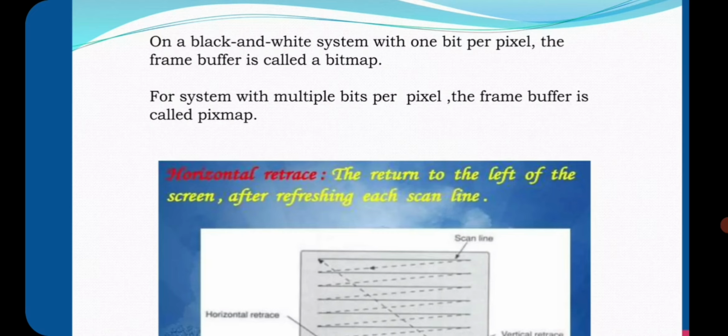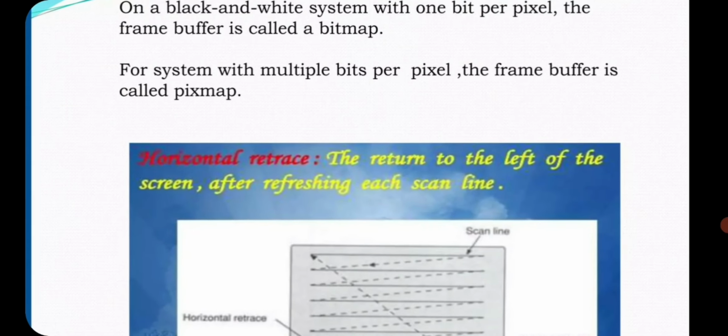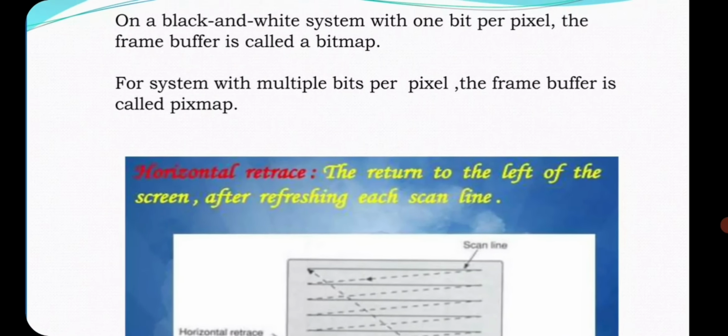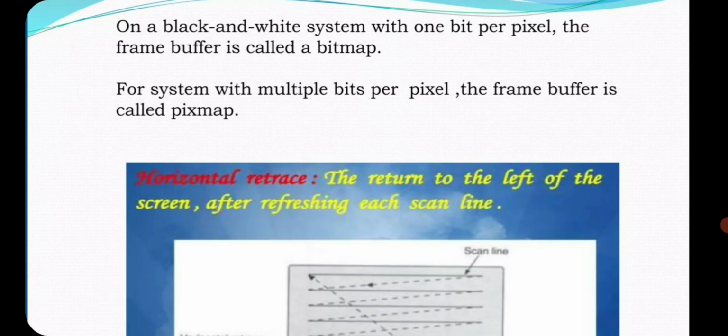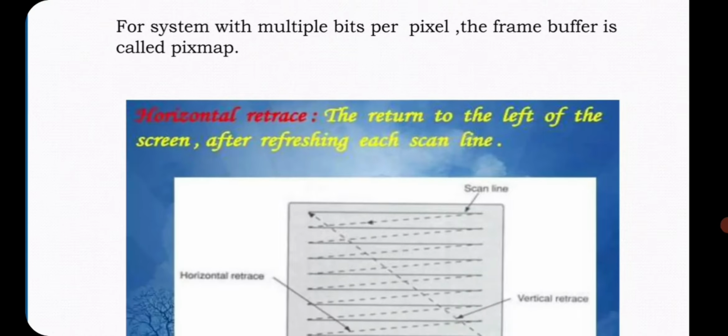With multiple bits per pixel, the frame buffer is called a pixmap. So if for a pixel we have a single bit, that is called a bitmap, and sometimes each pixel is represented by multiple bits. In that case, the frame buffer is called a pixmap. That's the difference between the bitmap and the pixmap.